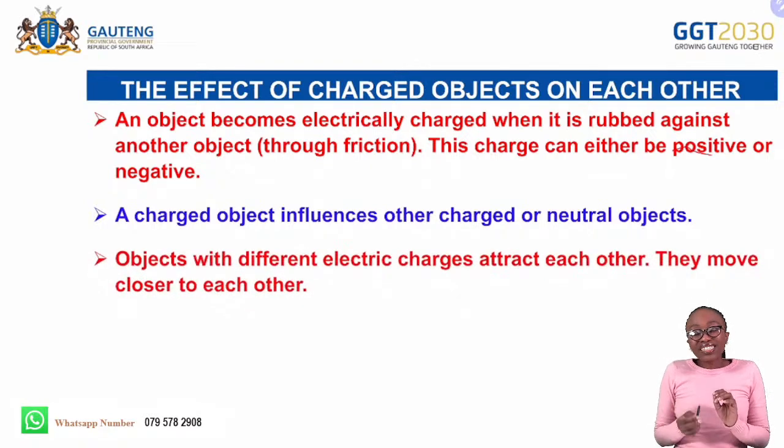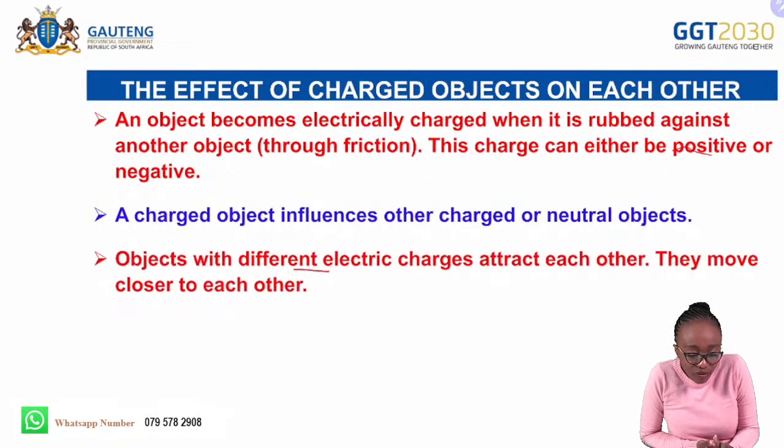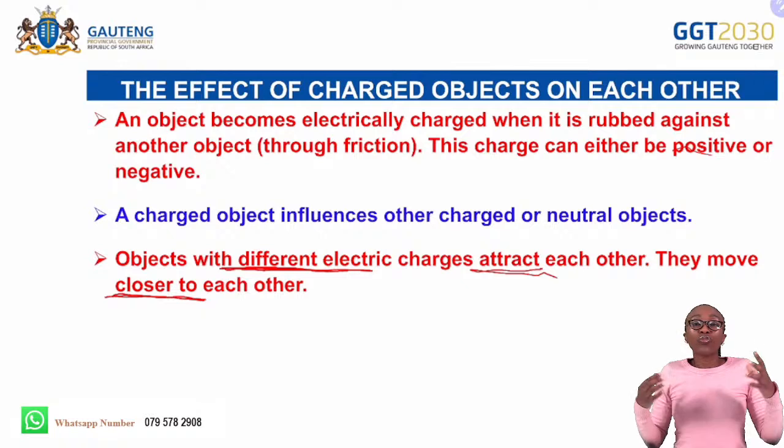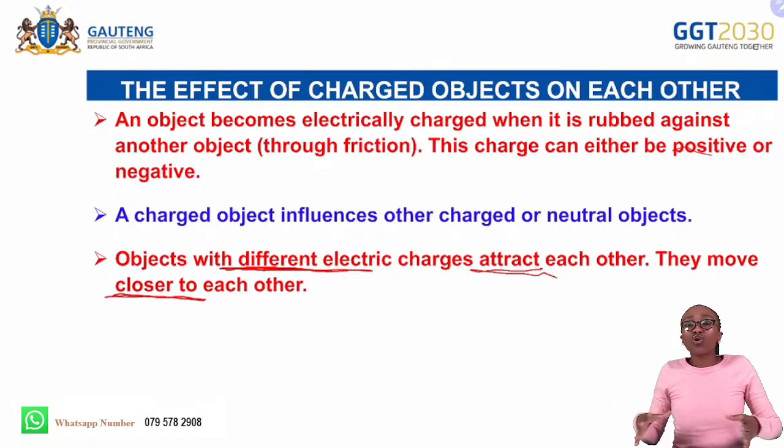Objects that have different electric charges attract each other because they move closer to each other. I'm sure you have experienced this. Let's say you're putting on a shirt or a dress, and it keeps on sticking to your body.